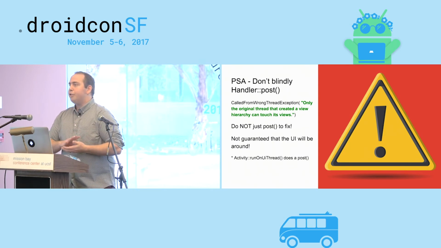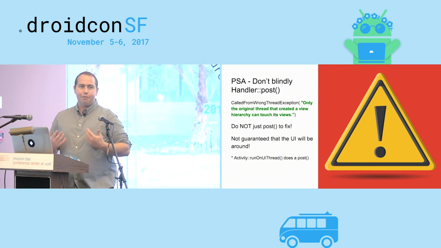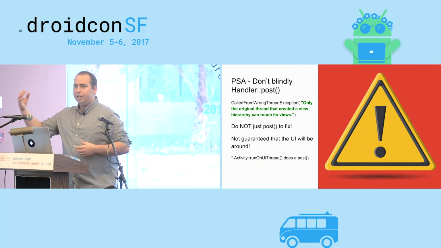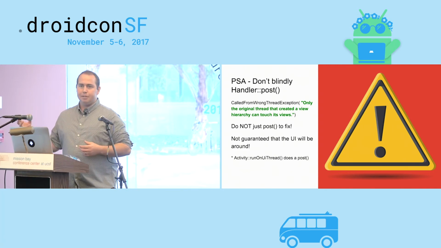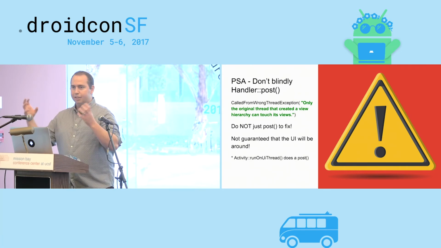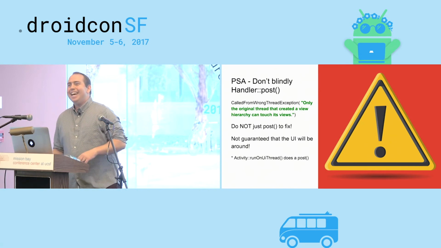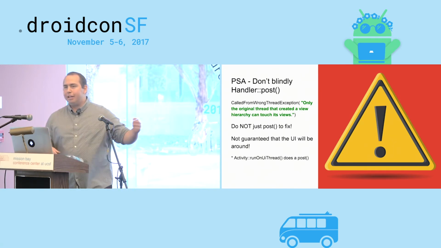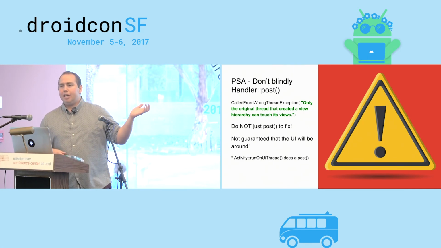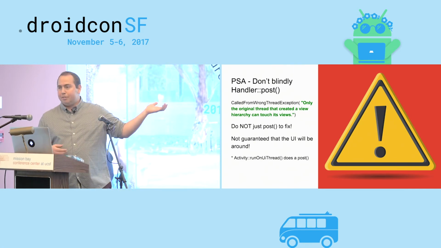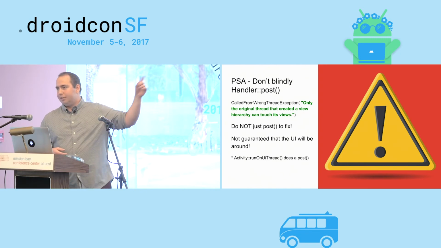And for those who don't know, you can't commit fragment transactions after onStop has been called, right? Because it uses the saved instance state to store the fragment stack and the state of the fragments. So most of you will just say, hey, commitAllowingStateLoss, right? You're like, that's fine. That's not the solution. The problem was that you're just blindly calling post, right? That you didn't know when you're going to be scheduled to run this. You just were trying to avoid this exception, right?